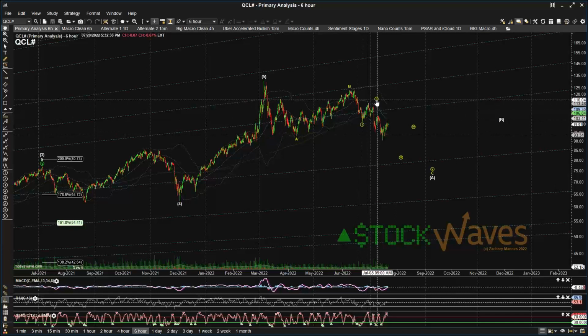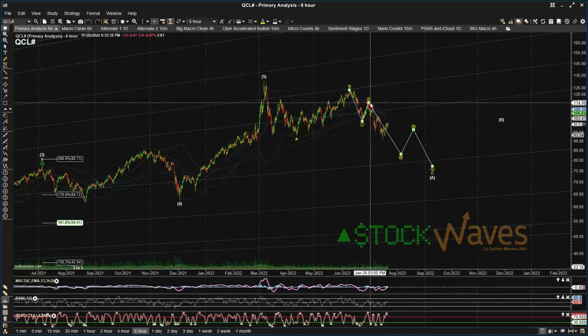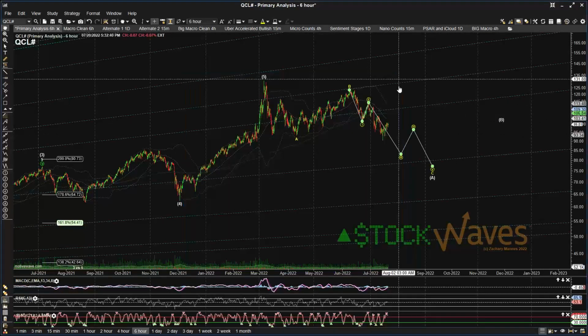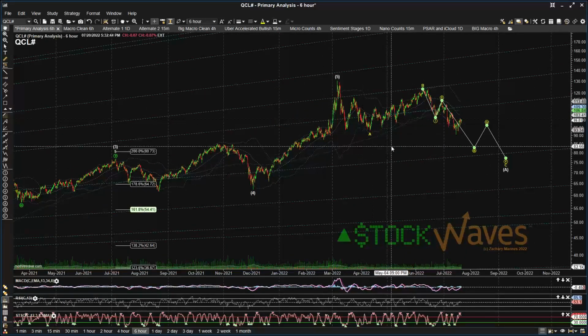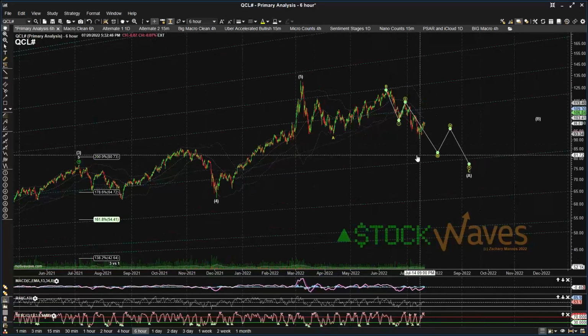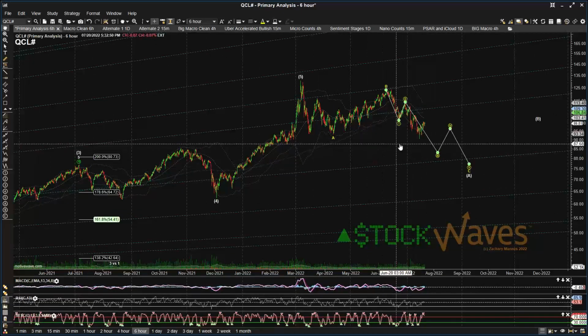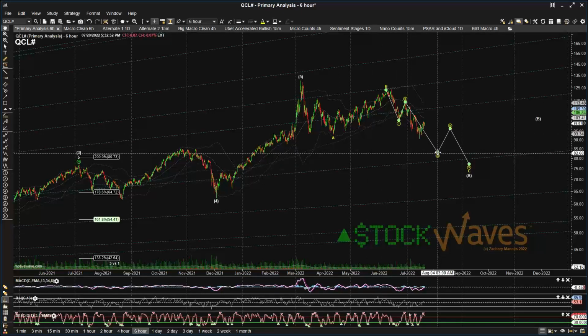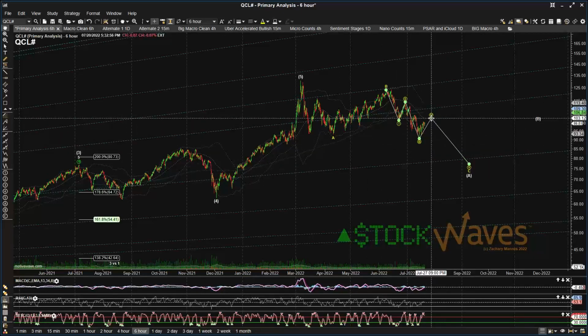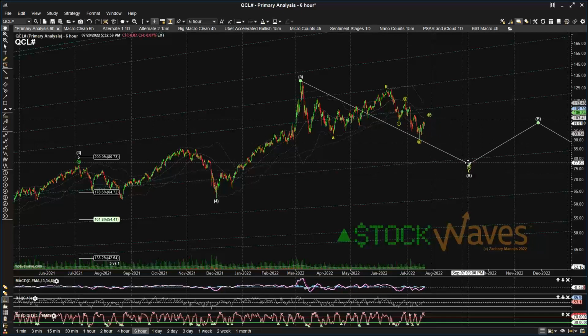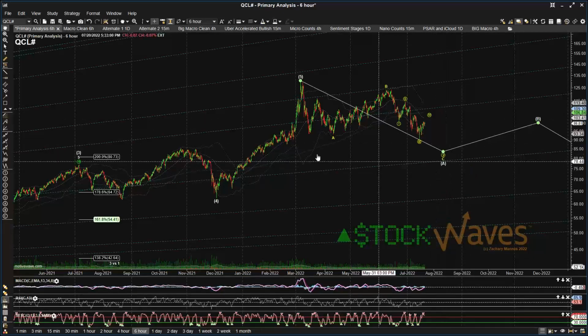In the oil chart, I think I shifted to this because this is already looking like the 4th wave.